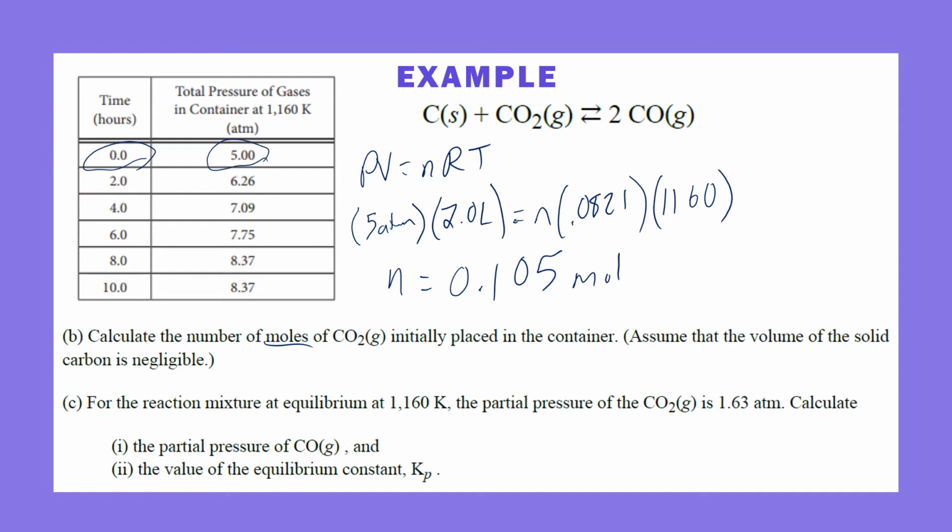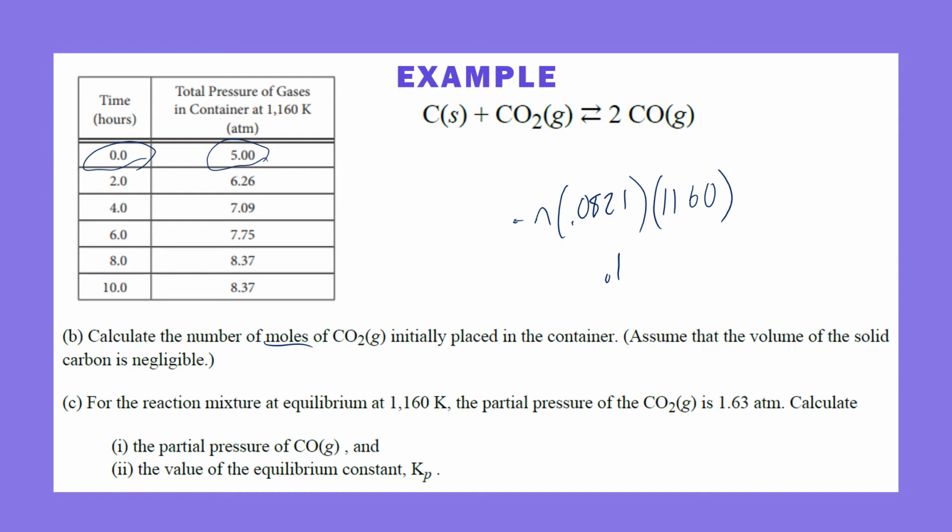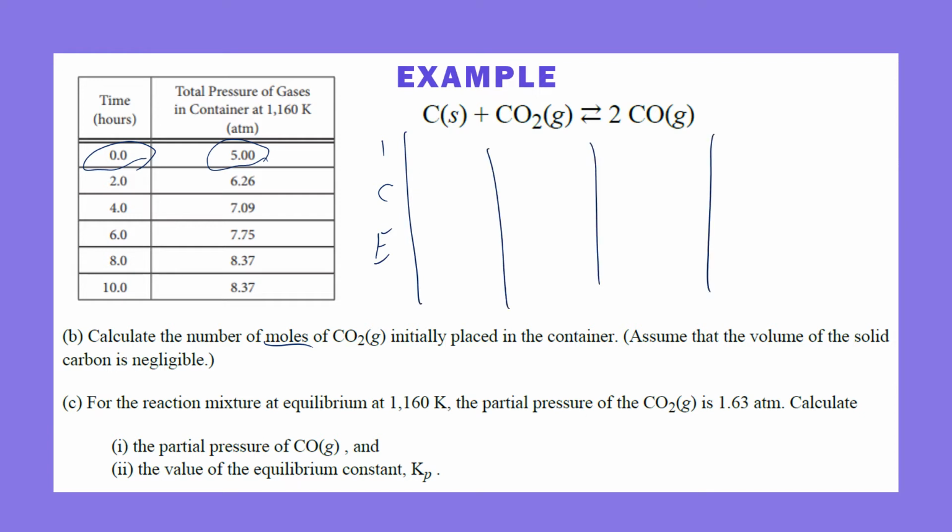For the reaction mixture at equilibrium, the partial pressure of CO2 is 1.63, and we calculate the partial pressure of carbon monoxide and the value of the equilibrium constant Kp. Okay, so for this one, we need to use an ICE chart, because we know that the initial pressure of the CO2 is 5, and we don't have any carbon monoxide to begin with.